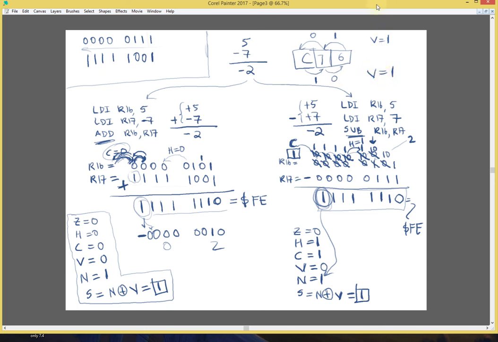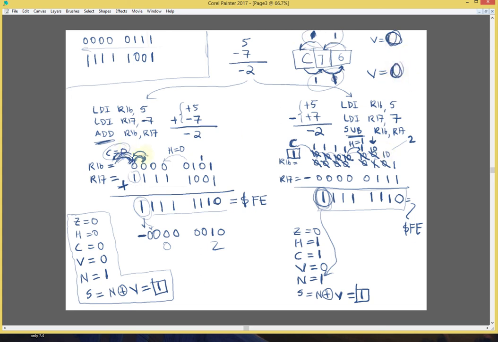But if you have the opposite situation where you carry a 1 from bit 6 to 7, and you carry a 1 from 7 to the carry flag, or you borrow a 1 from the carry flag to bit 7, and you also borrow from 7 to 6, they're the same, so therefore overflow will be 0.